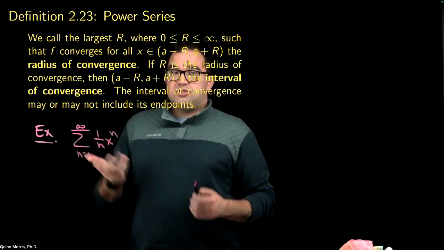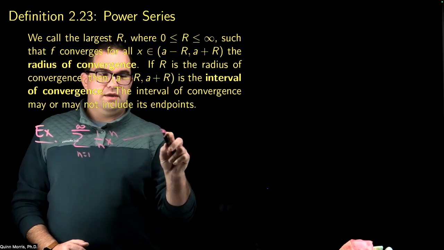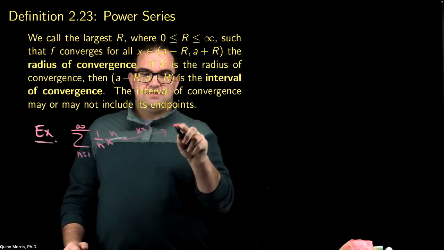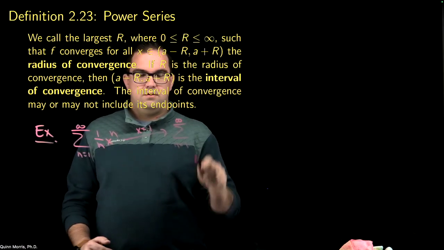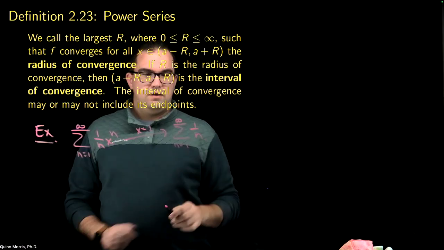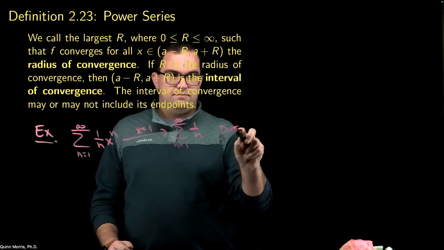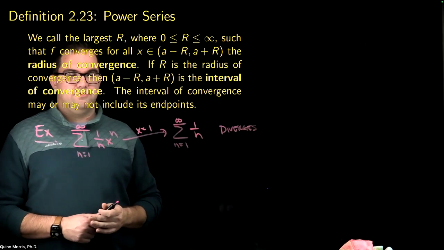So notice I could just start plugging in x values. For example, if I were to plug in x equal to 1, this would give me the series sum n equals 1 to infinity of 1 over n. That's a p-series, and that diverges. That's just the harmonic series.